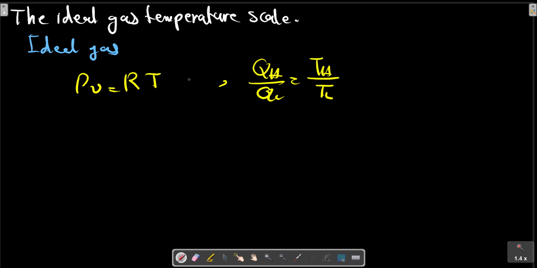But first, let us consider how an ideal gas might be used to measure temperature in a constant volume gas thermometer, shown geometrically in this picture.